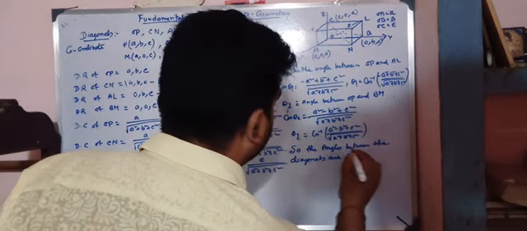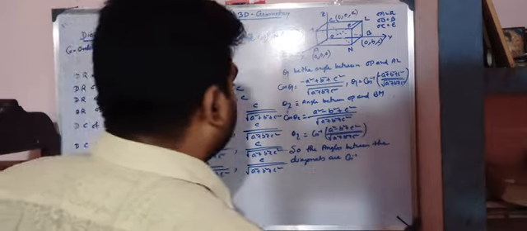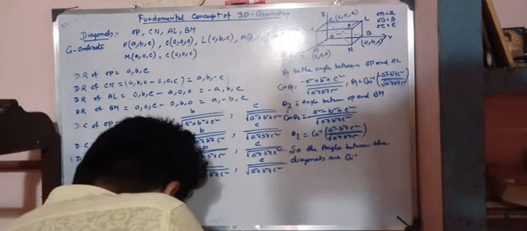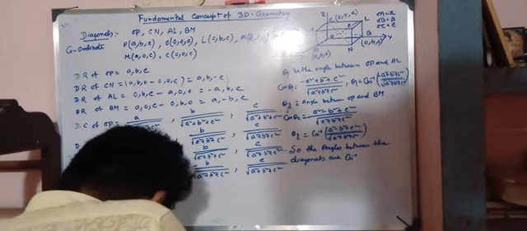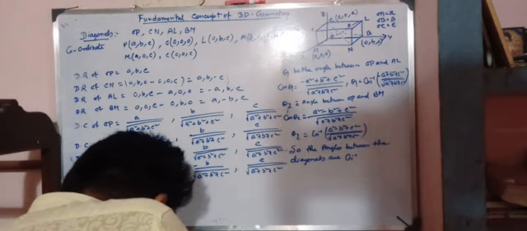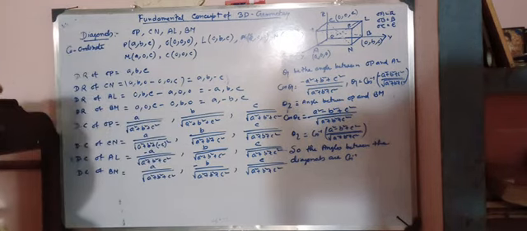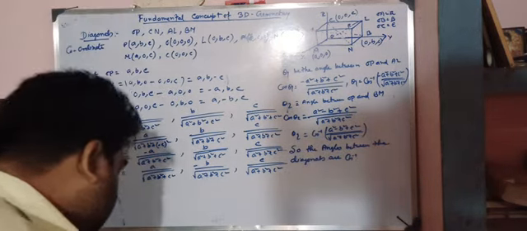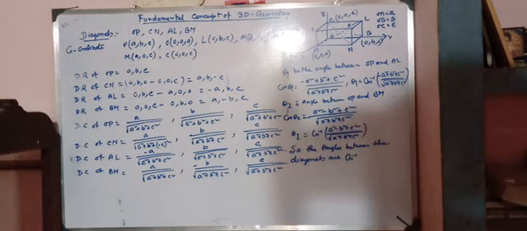Cos inverse plus minus. Now here it is given that theta 2 is equal to cos inverse this. Now similarly the angle between the other pair of diagonals can be obtained.